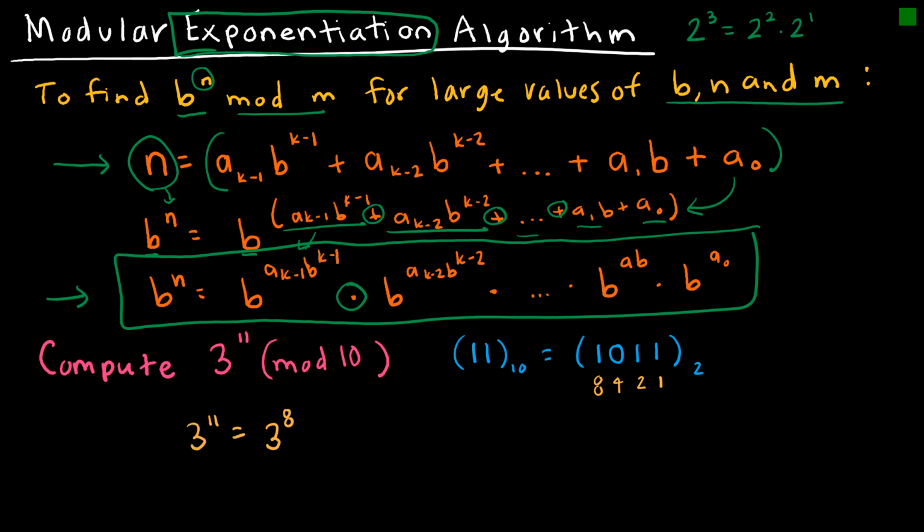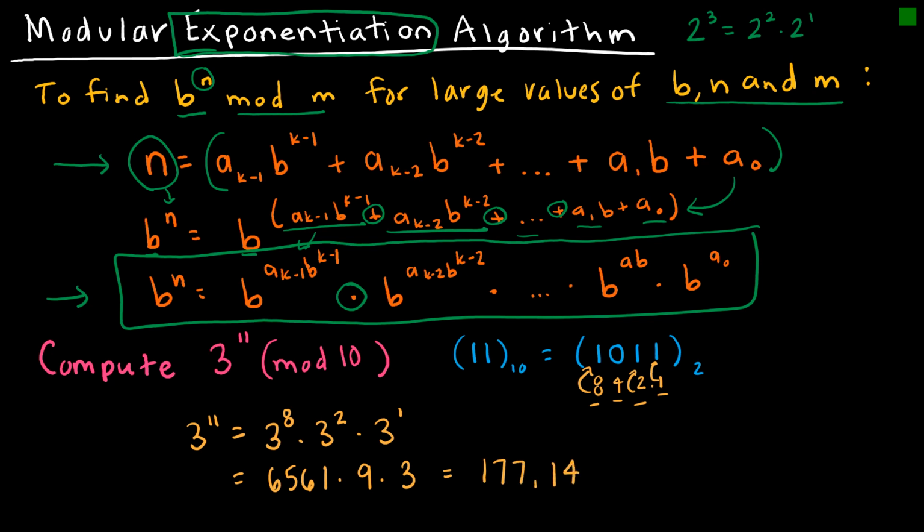So 3 to the 11th equals 3 to the 8th, because there's one of those. There are no 4s, so I'm going to skip that one. There's one 2, so times 3 squared. And there's one 1, so times 3 to the 1st. Then I would find each of those products, which is 6561 times 81 times 9 times 3, and when I multiply all of that out, I get my solution.